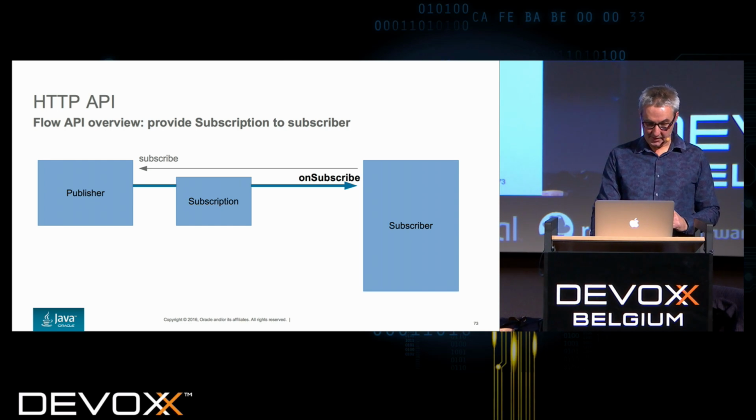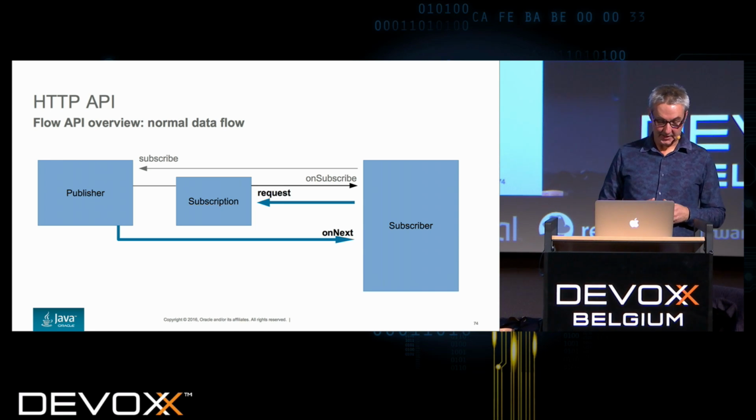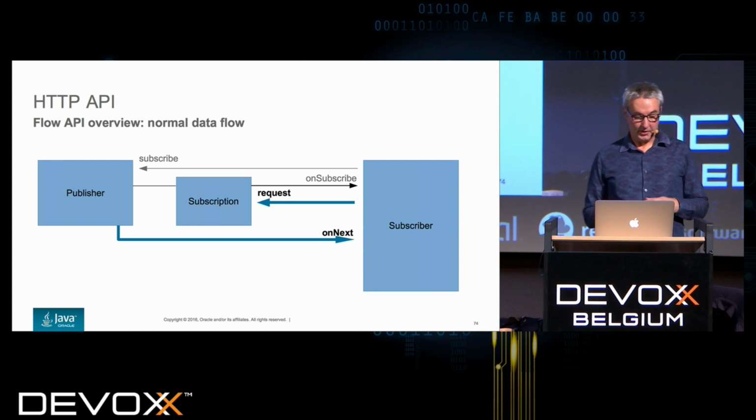So at this point, we're in a data transfer phase where the subscriber is allowed to request items from the publisher by calling the request method on the subscription. This is flow controlled in the sense that there's a window of unfulfilled demand, a number of items that the publisher is allowed to send to the subscriber.